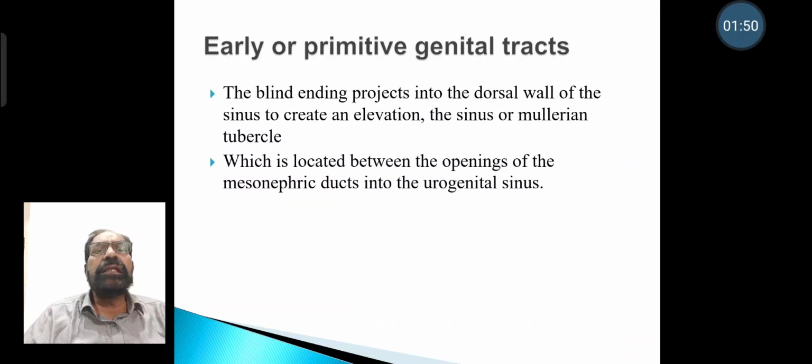The blind ending projects into the dorsal wall of the sinus to create an elevation that is the sinus or Mullerian tubercle, which is located between the openings of mesonephric ducts into the urogenital sinus.